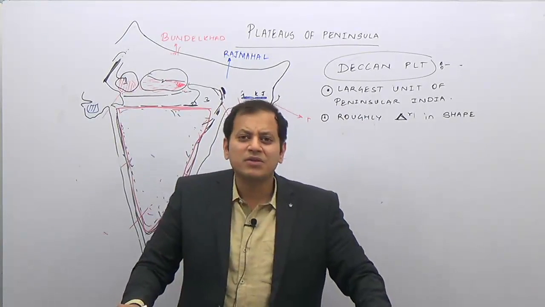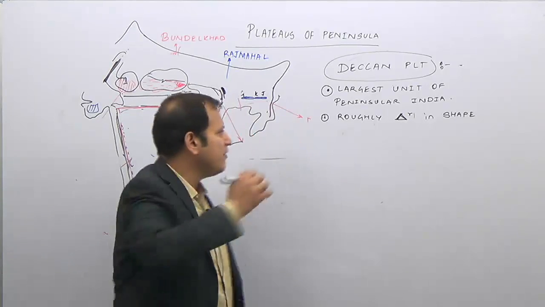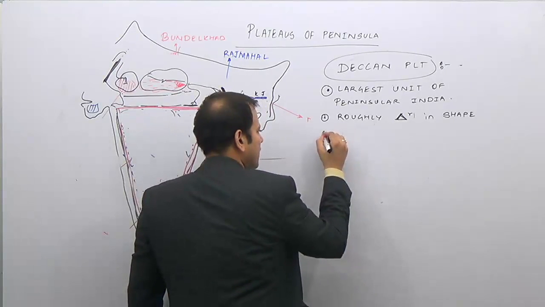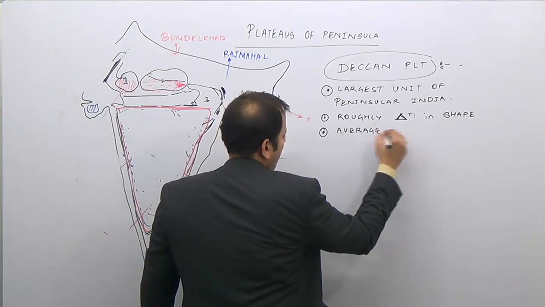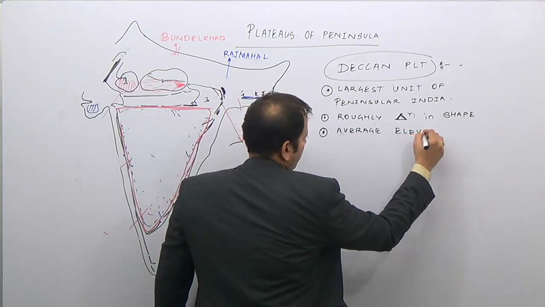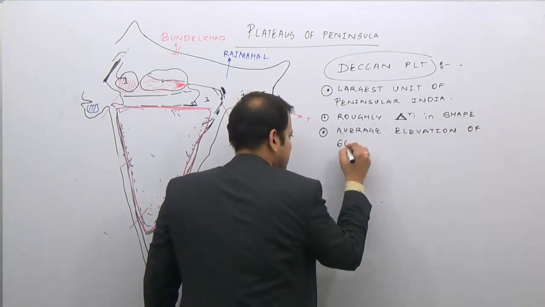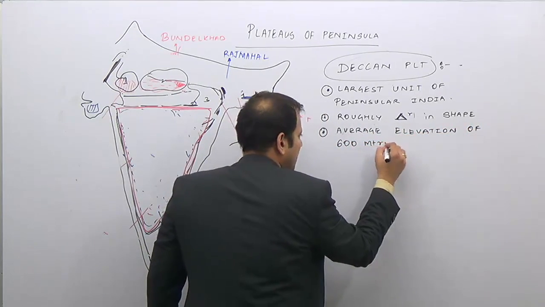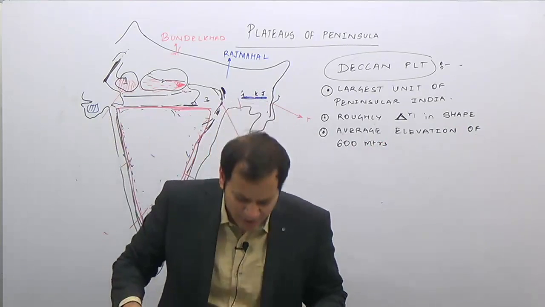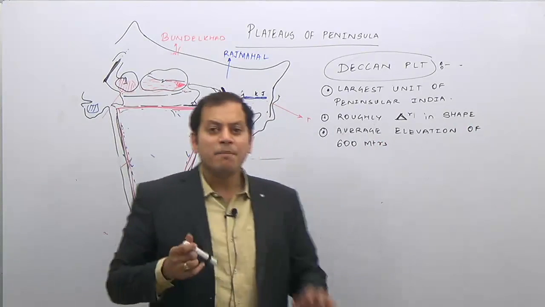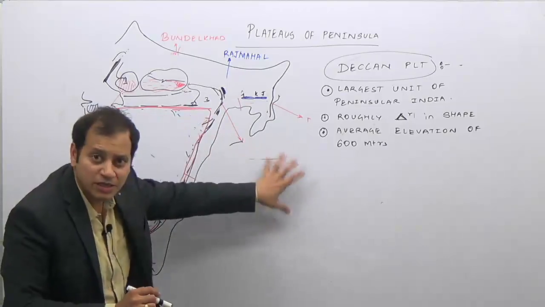And how is the slope of the Deccan Plateau? It has an average elevation of 600 meters above sea level. But the general slope is from the western direction towards the eastern direction.